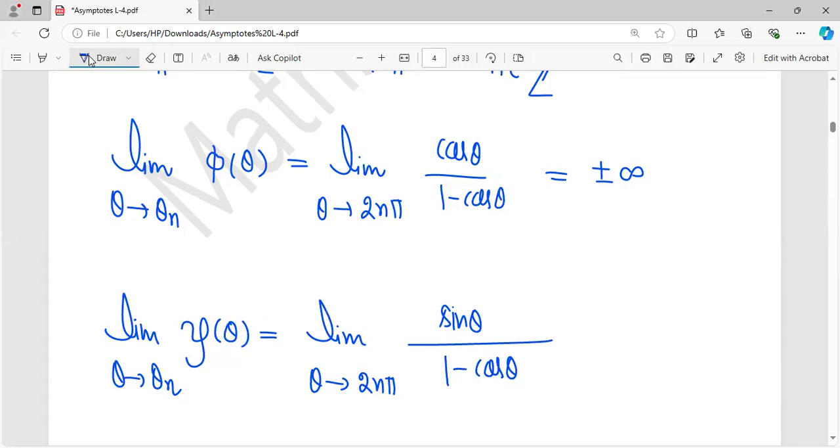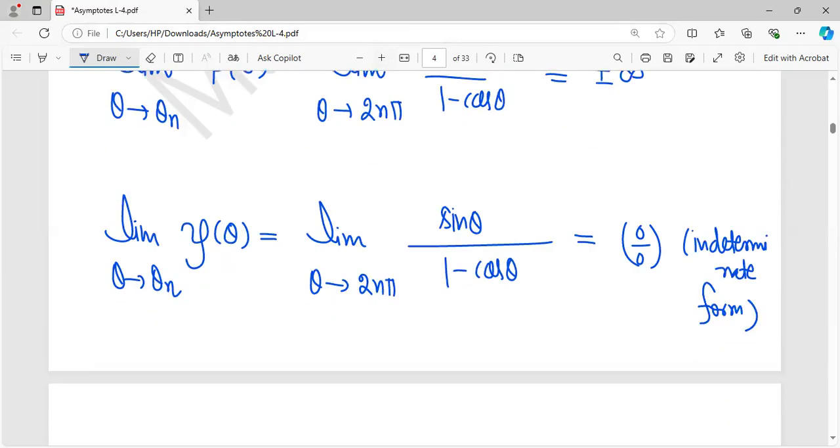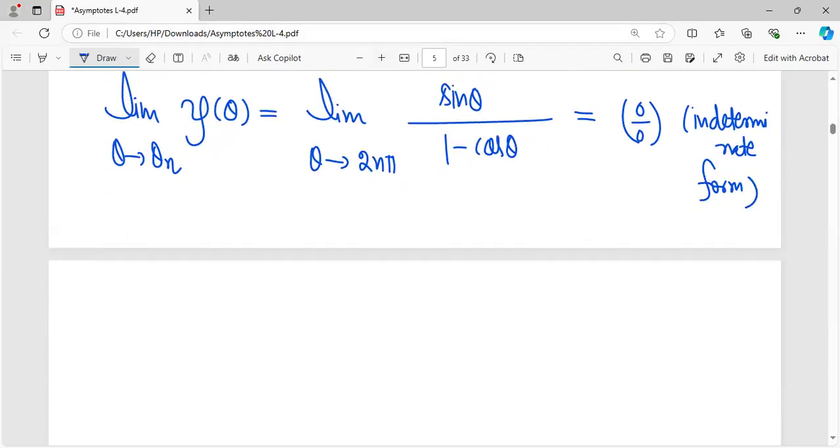So this is 0 upon 0 form, indeterminate form. So we will differentiate and calculate its value. Differentiating, the limit as theta tends to 2n pi is cos theta upon sin theta.